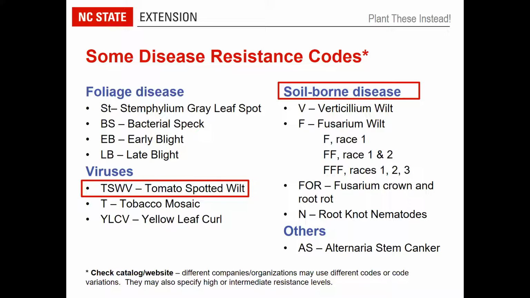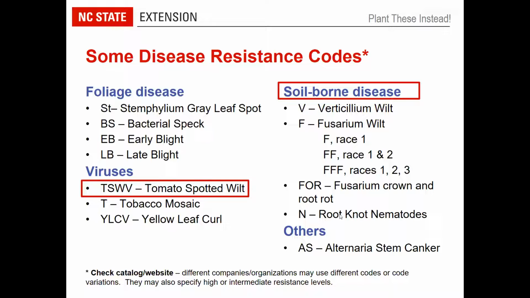So that makes things nice and confusing, to use different numberings, but there seem to be only 3. So fusarium wilt, there can be the 3. A lot of catalogs will designate that by the number of Fs. If it's just 1 F, it's race 1, 2 Fs, it's 1 and 2, and 3 Fs would be race 1, 2, and 3.